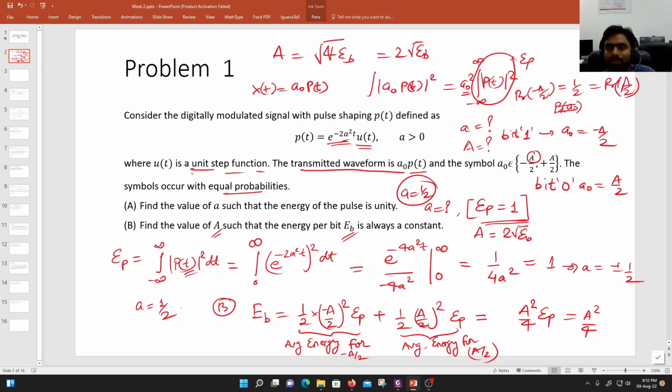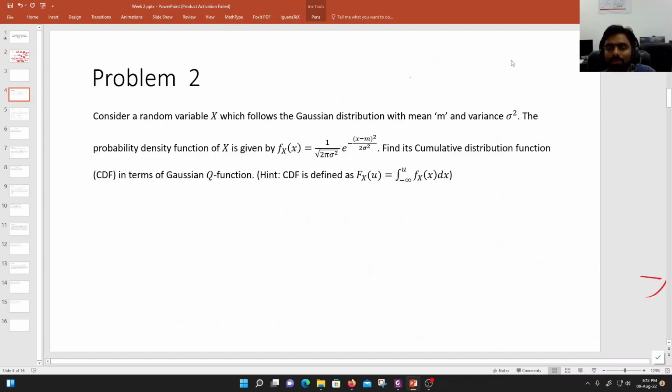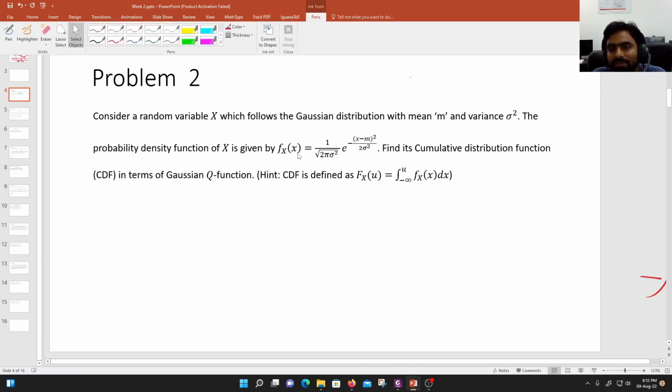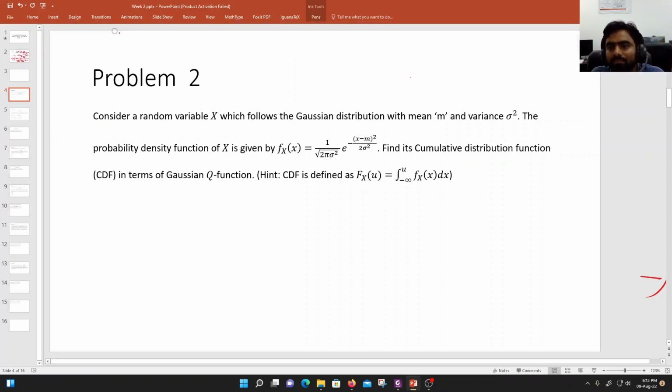So problem number 2. Consider a random variable x which follows the Gaussian distribution with mean m and variance sigma square. The probability density function PDF of x is given by f of x, that is 1 by under root of 2 pi sigma square e raised to power minus (x minus m) whole square by 2 sigma square.